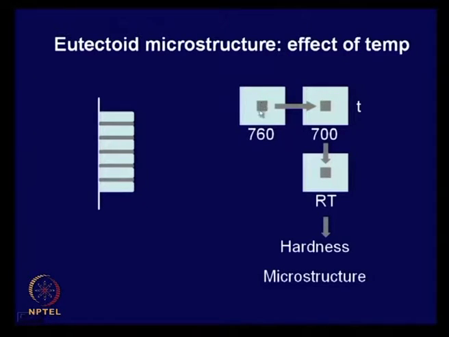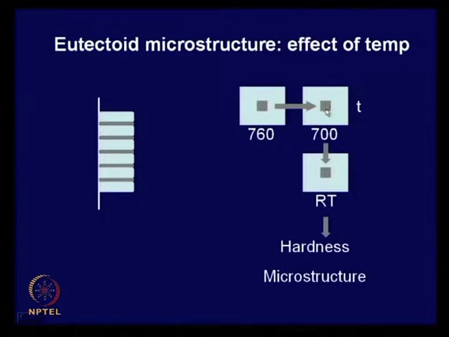And we assume that the size of this sample is very small. After keeping it for sufficient time, we transfer this to a bath maintained at 700 degree centigrade, which is a little lower than the eutectoid temperature.